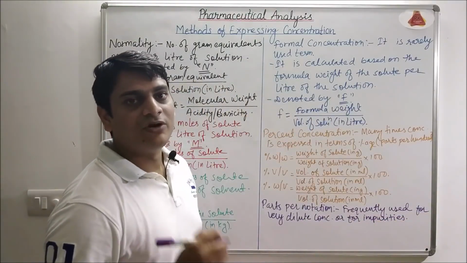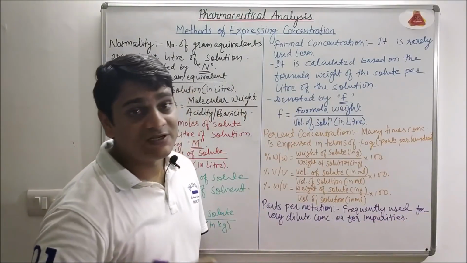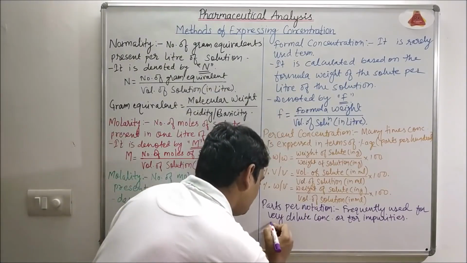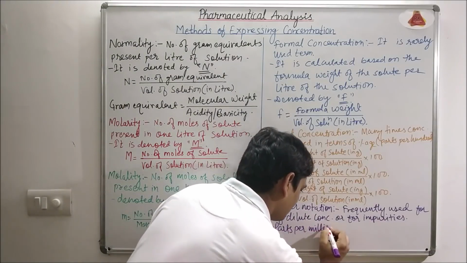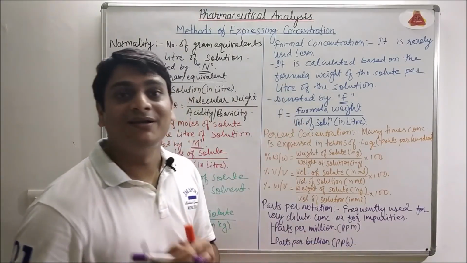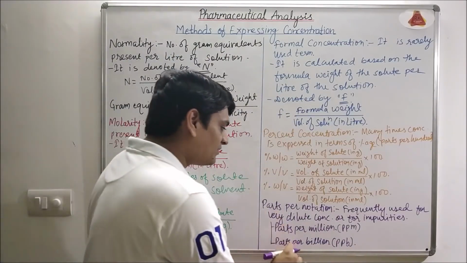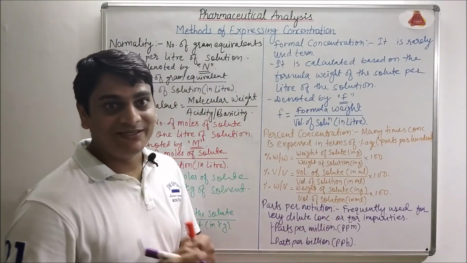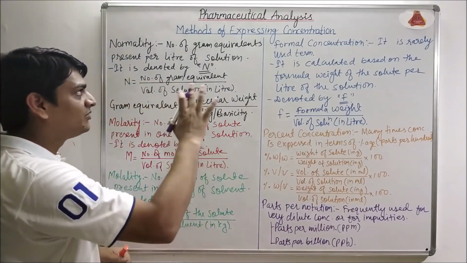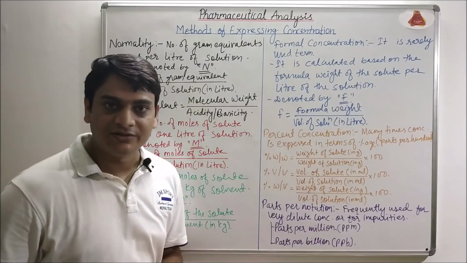There are mainly two categories of parts per notation. First one is parts per million and the second one is parts per billion. I have already discussed the details about parts per million and parts per billion in my dedicated video of parts per notation. So these are the details about methods of expressing concentration. Thank you.